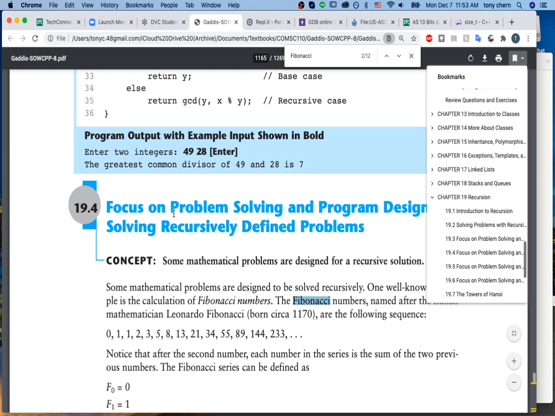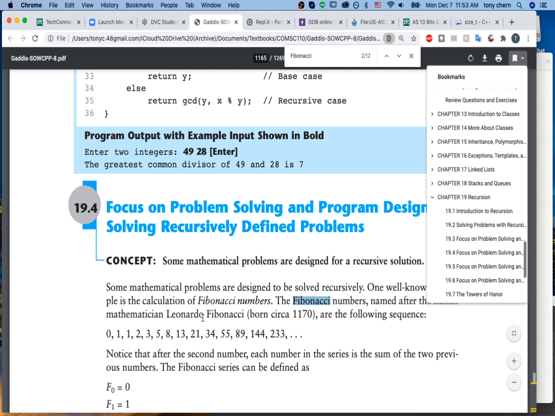Okay, so right here, this is Fibonacci, and this is a sequence, and you can tell the number. Fibonacci 0 is defined as 0, and Fibonacci 1 is defined as 1, and Fibonacci 2 is Fibonacci 1 plus Fibonacci 0, which is 1, and Fibonacci 3 is 2, Fibonacci 4 is 3.